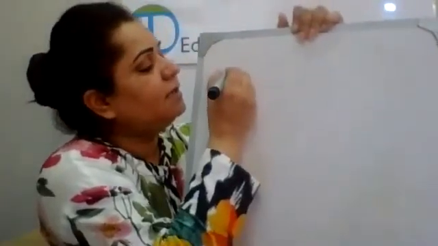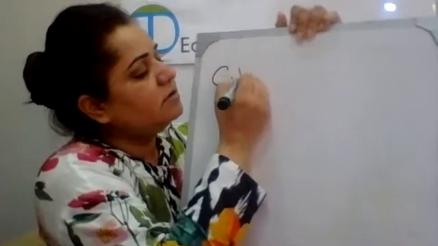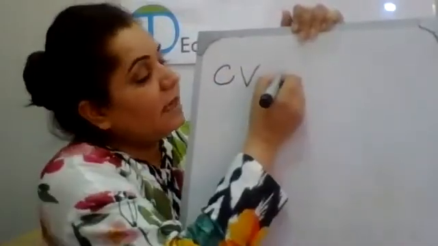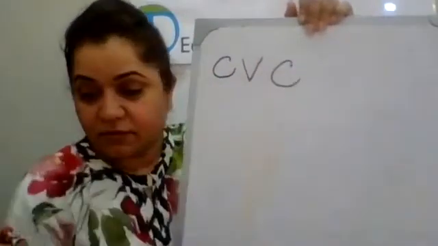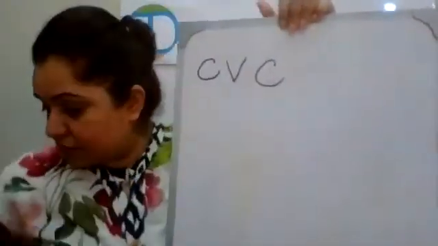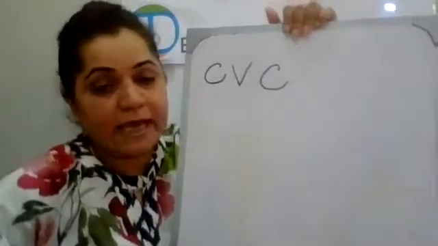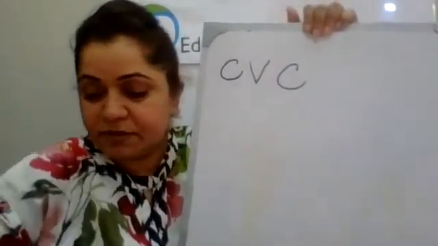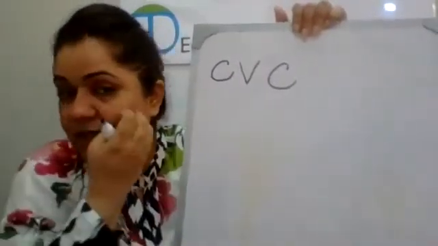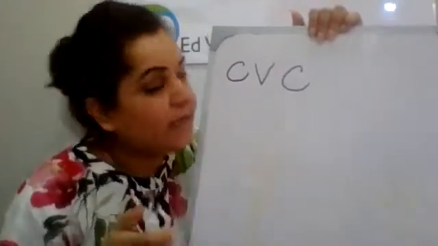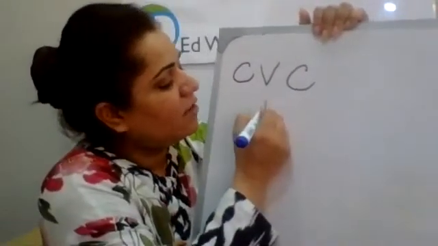We are going to write consonant, vowel, and consonant words, so we are going to make another CVC word today. We did A and E, then we're going to take I. Okay, we will write I over here.